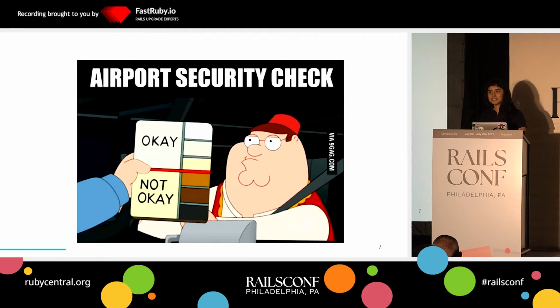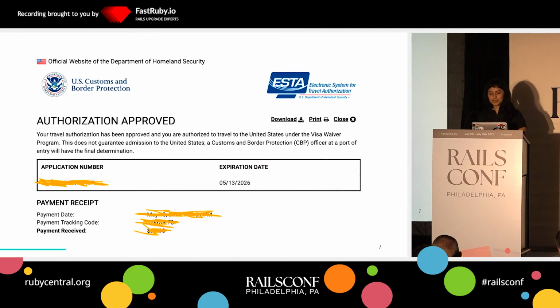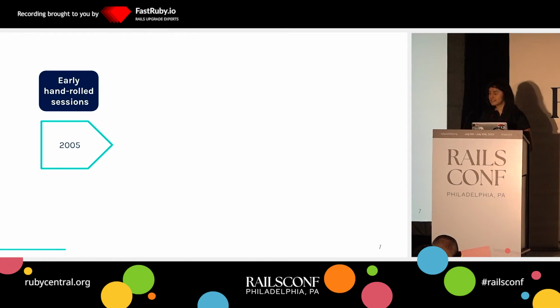I had to prove my identity with my passport, and then I was authorized to be here, right? So authorization, the things I can and cannot do in this country, has to do with my identity, with who I am.